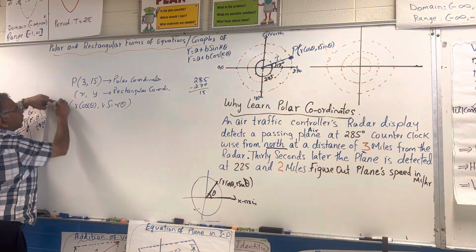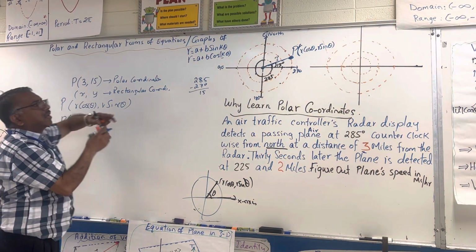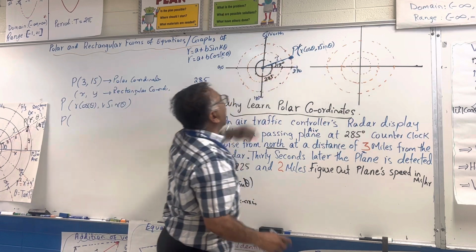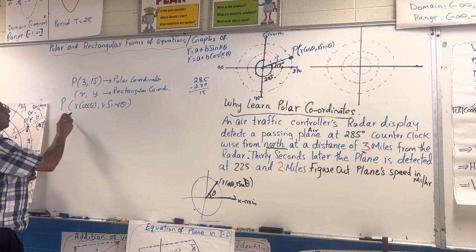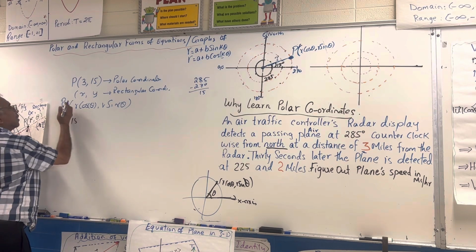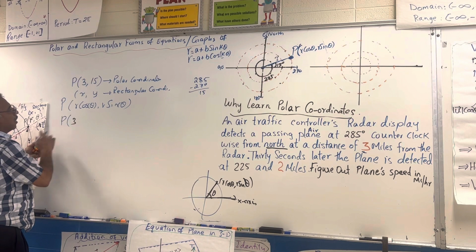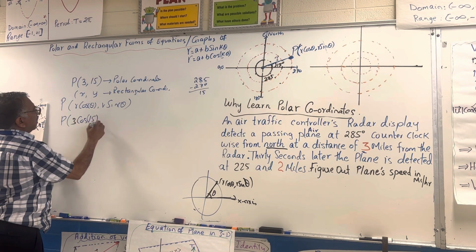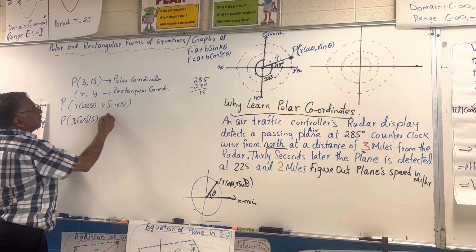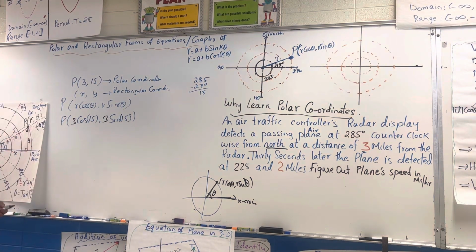So P, where r is 3 and the angle is 15, becomes 3 cosine of 15 degrees and 3 sine of 15 degrees. So that takes care of the first one.